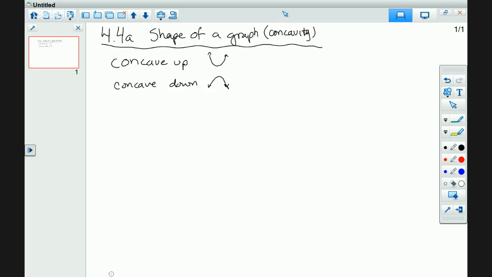Concave up and concave down. If I have a graph that's concave up, what's happening to the derivative?